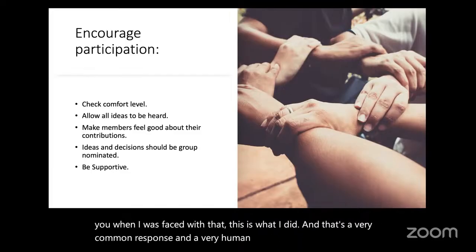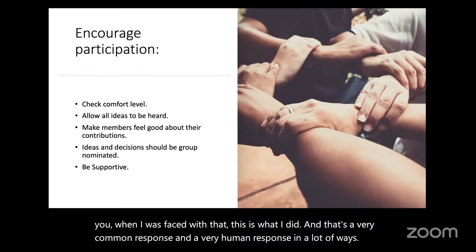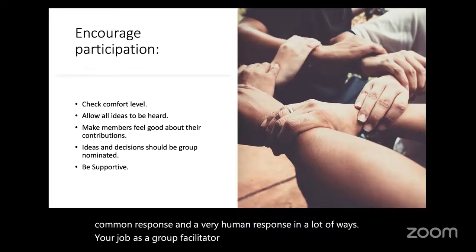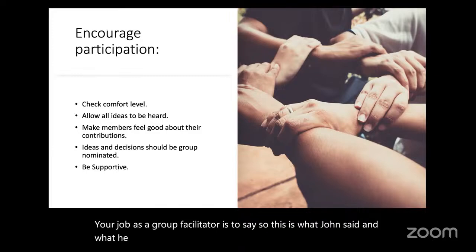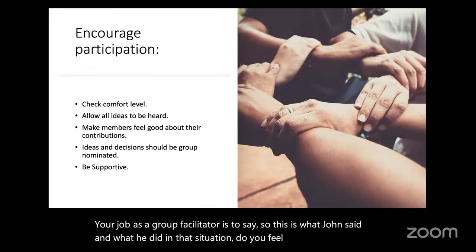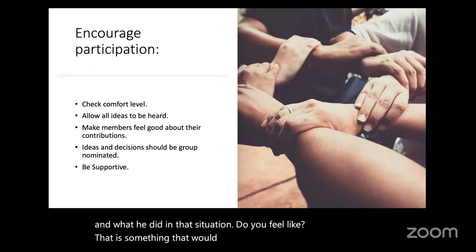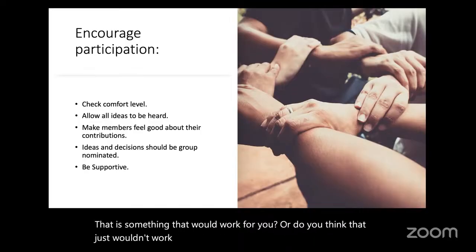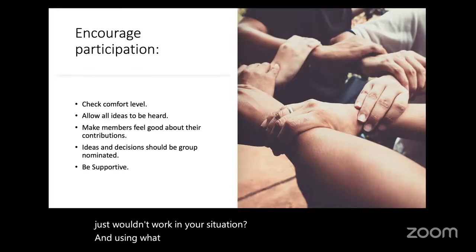Your job as a group facilitator is to say, "So this is what John said and what he did in that situation. Do you feel like that is something that would work for you, or do you think that just wouldn't work in your situation?"